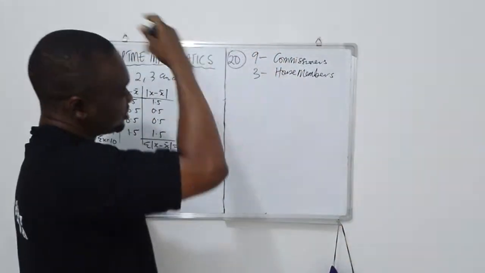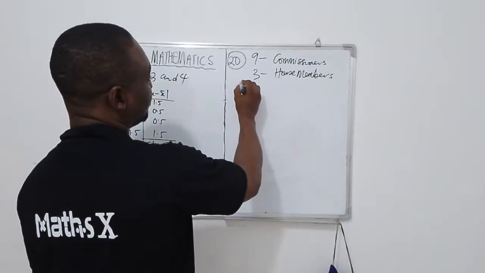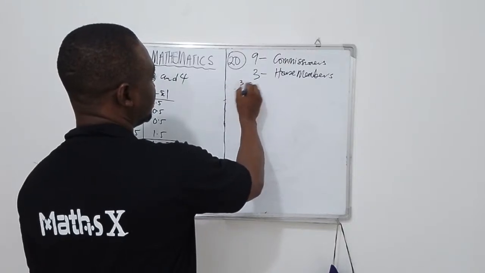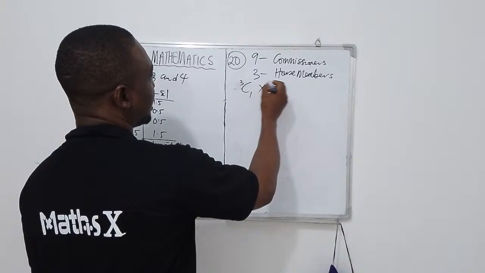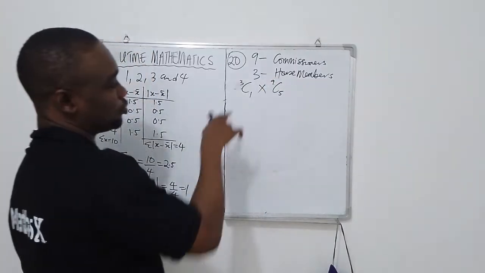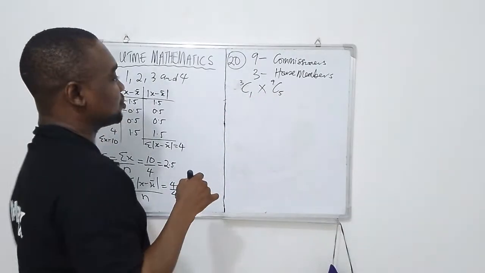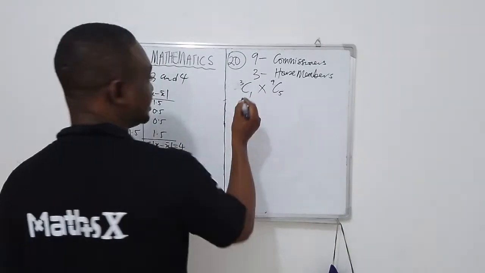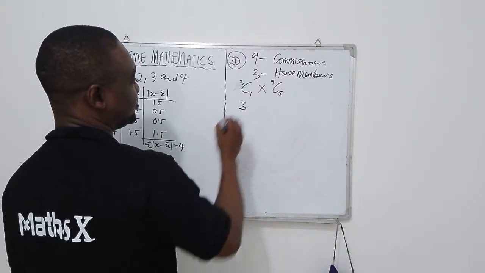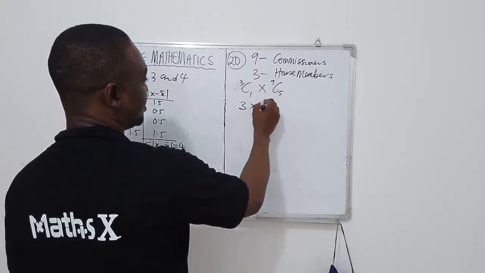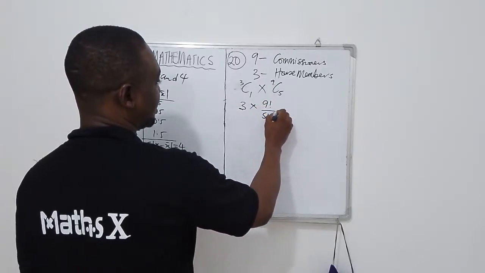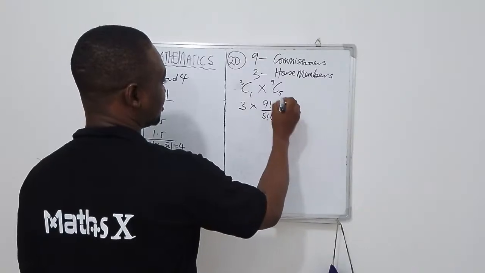So out of 6, let's start with the House member. It will be a case of 3C1 times 9C5 to make it 6, just like it was said. So 3C1 is definitely 3, times 9 factorial over 5 factorial bracket 9 minus 5 factorial.